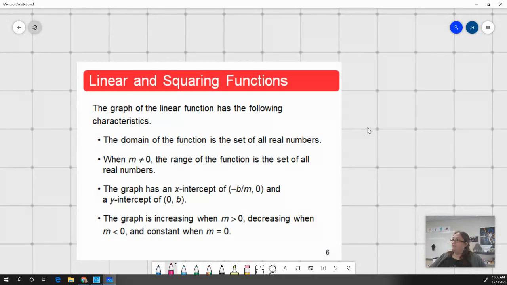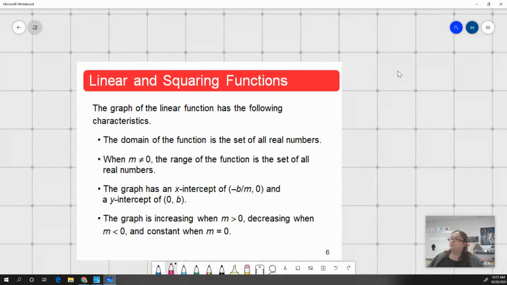The graph of a linear function has the following characteristics. The domain of the function is the set of all real numbers. That means our x can be anything we want it to be, from negative infinity all the way to positive infinity. When m is not equal to 0, so when the slope is not equal to 0, the range of the function is the set of all real numbers as well. Talking about a line, right?